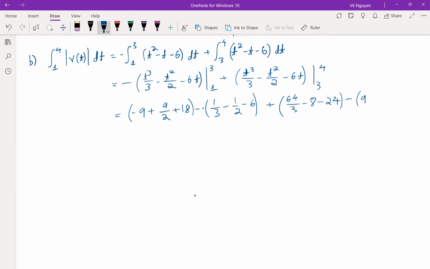So that would be 9 minus 9 over 2 minus 18, 6 times 3 is 18. Okay, so plug this into the calculator and that should get us 61 over 6.